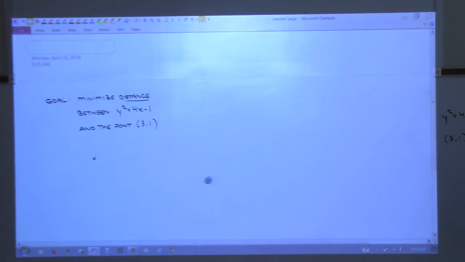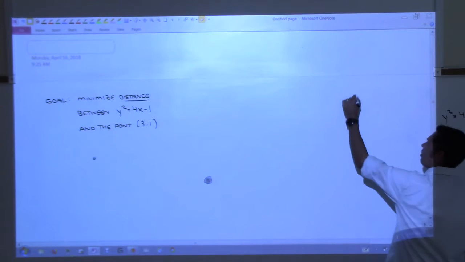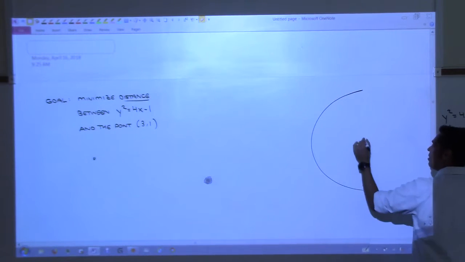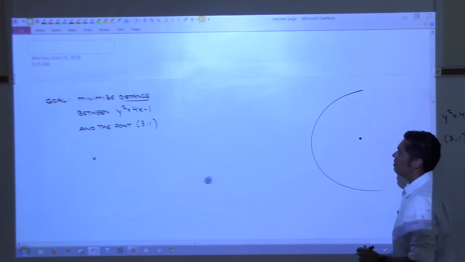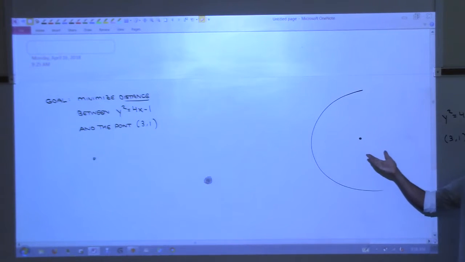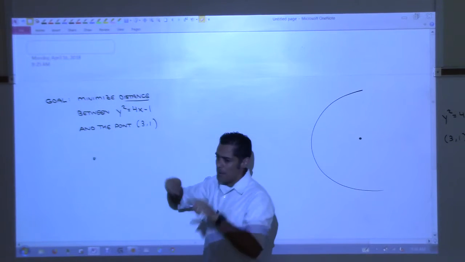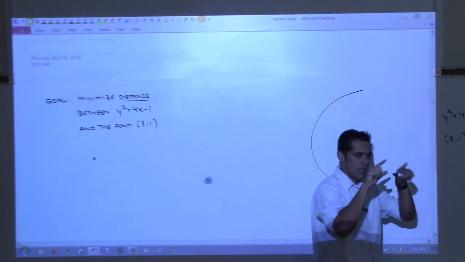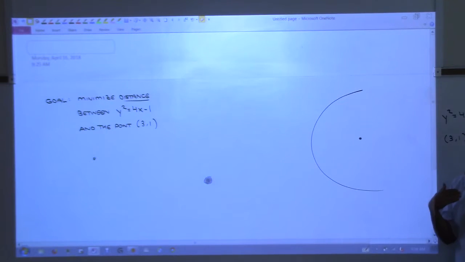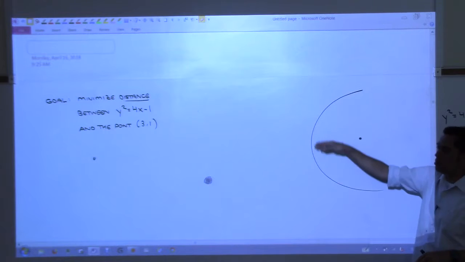Okay, so let me draw this picture again. I've got this parabola. And if this came out of a word problem out of the book, they're not going to give you the graph. So if I were trying to graph this, I'd make a little t-table, plug in some points and plot it. I would have to know it's a parabola. And then once I get enough points, I could draw it.